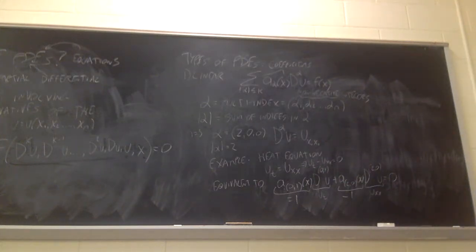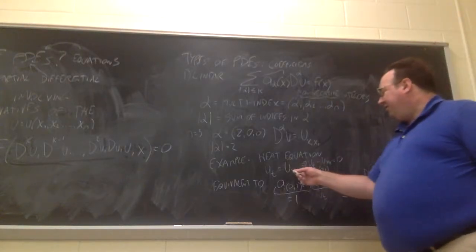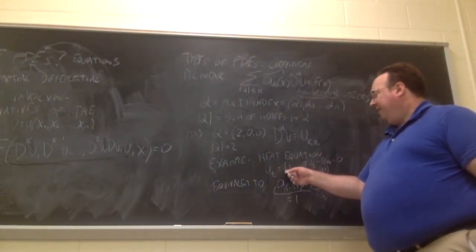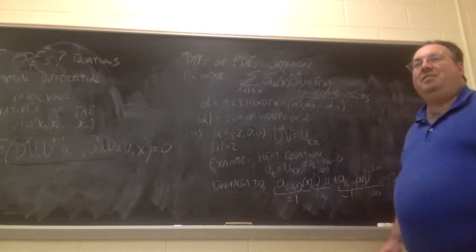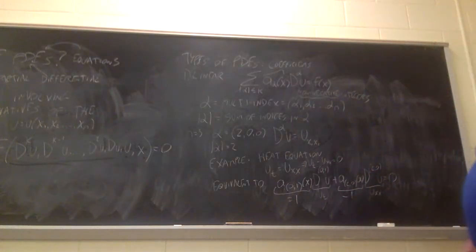Can you say again why it's linear, because it depends on u and not? No, the coefficients in a linear equation cannot depend on u. Constants are fine. I could have had this coefficient depend on x, like in your honors thesis project.